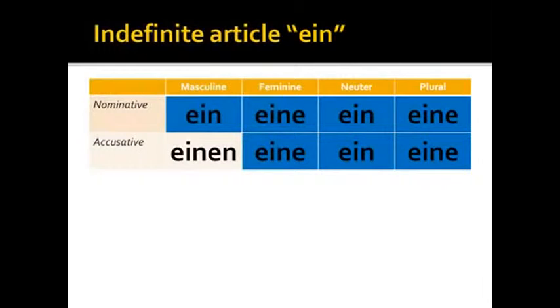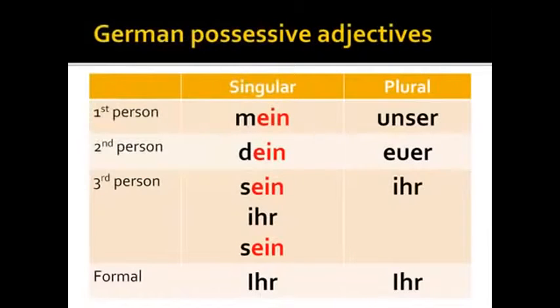Some of the possessive pronouns, or the possessive adjectives, excuse me, have ein at the root, mein being an example. The ones that you see on your screen, mein, dein, sein, all have ein as the root.